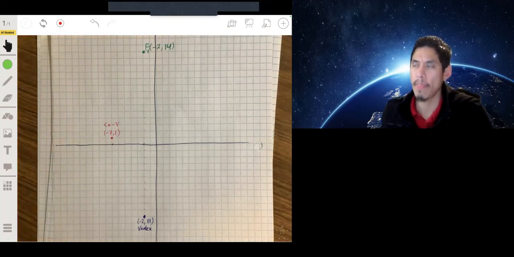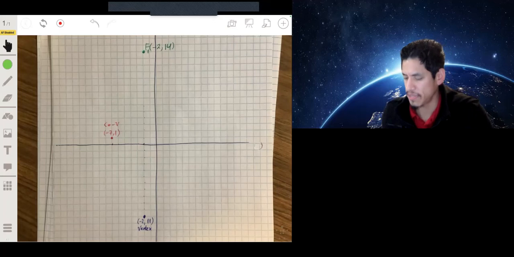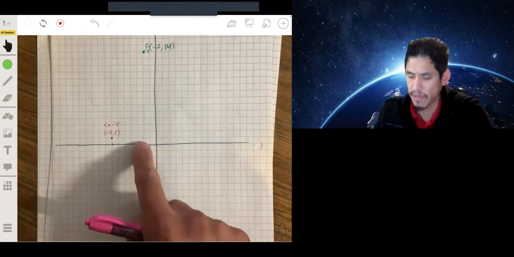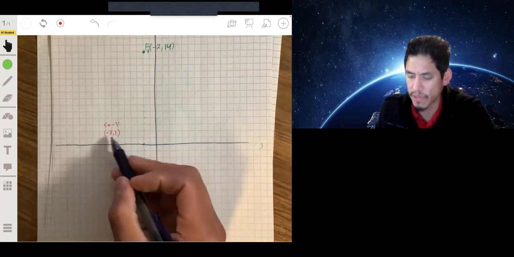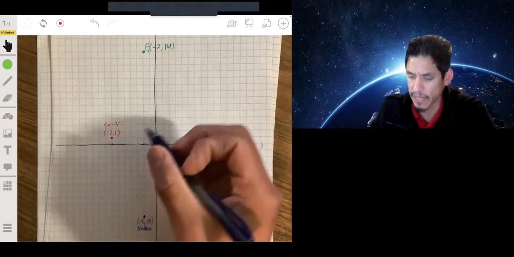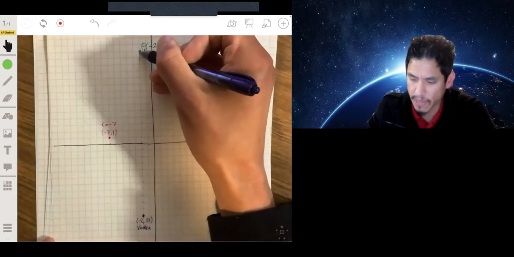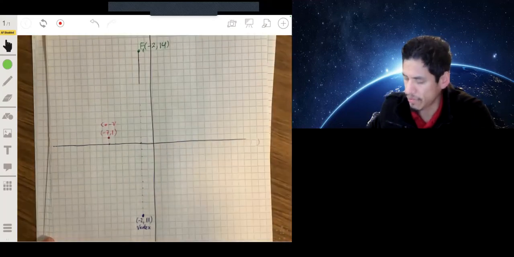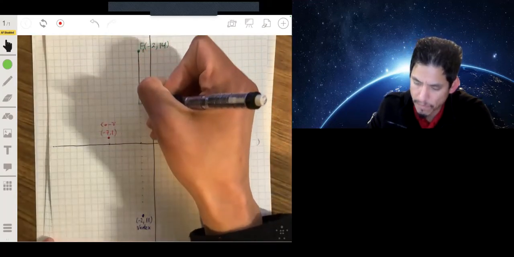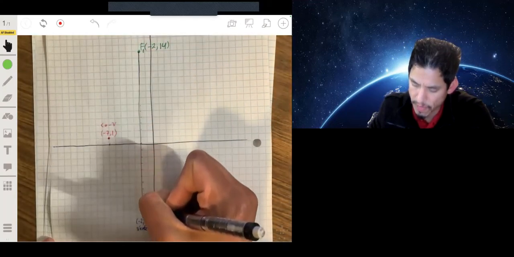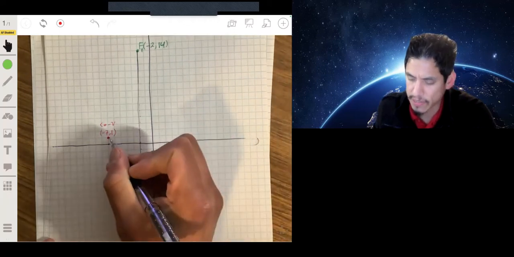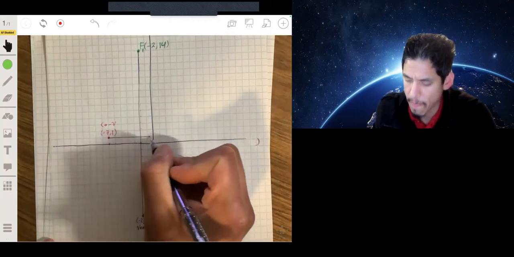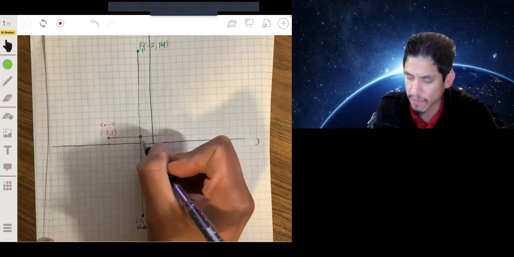Okay, so then here's the logic. If we know this is a co-vertex, we know this is the vertex. We draw a line, let me use pencil, draw a line through, that's the vertical axis, and then draw a horizontal line. You can see the center will be right here.